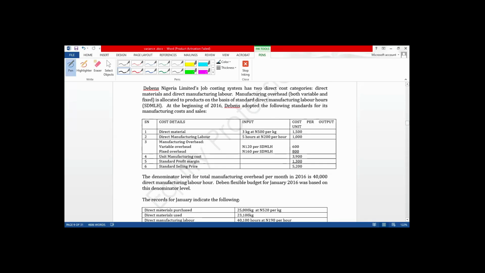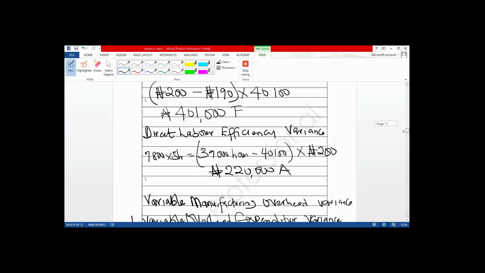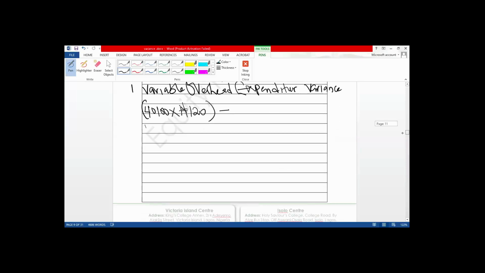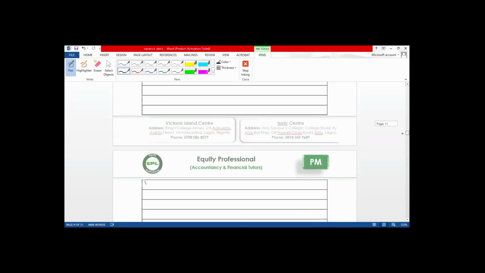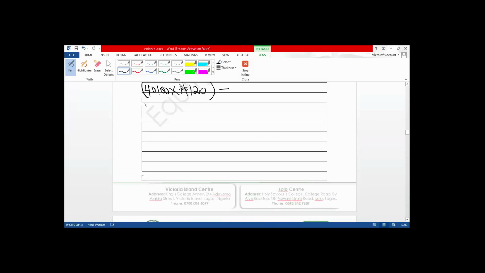Look at how to separate it. Variable overhead per unit, 600.